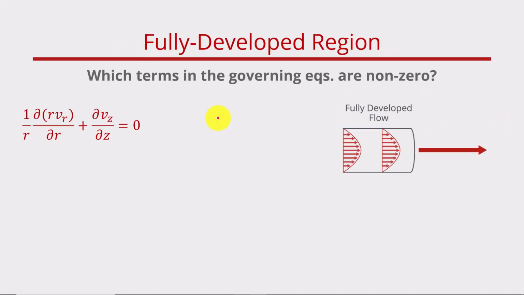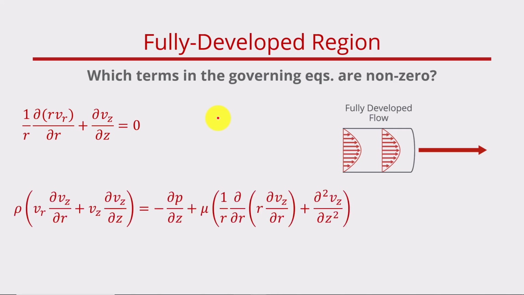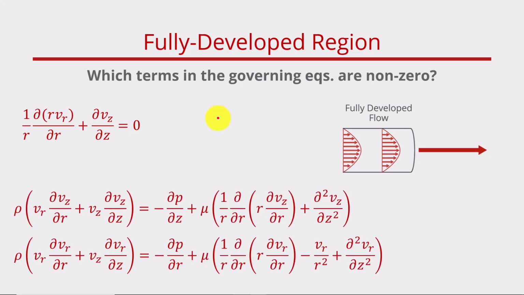Let me put down the governing equations in the cylindrical coordinate system, and I have not included the theta terms here. If you look at this set of equations in the fully developed region, I'll highlight the terms that are non-zero. The pressure can vary in the axial direction, and the axial velocity can vary in the r direction.